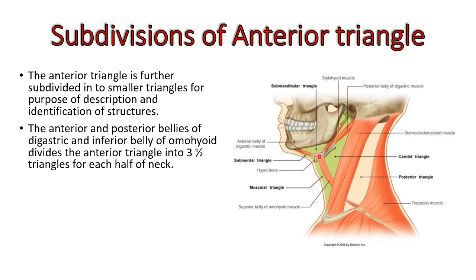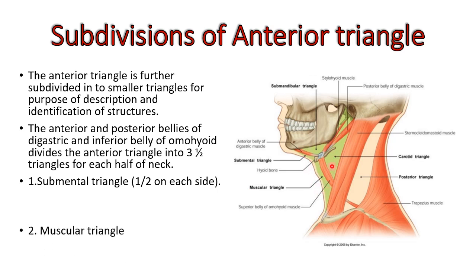The first is the submental triangle, which can be appreciated only as a half on each side of the neck. On each half of the neck you have only half of the submental triangle, whereas the remaining triangles are the digastric, muscular and carotid triangles.